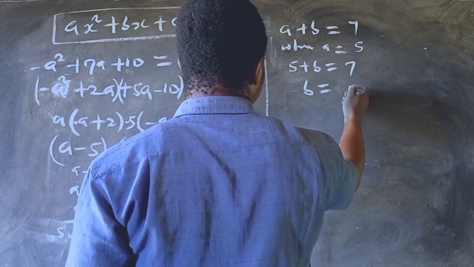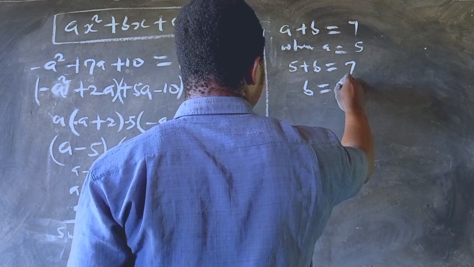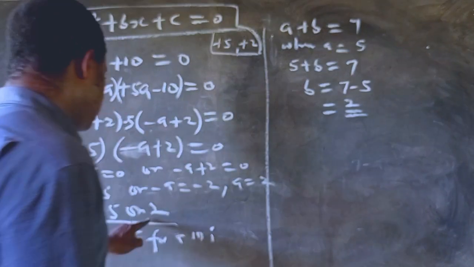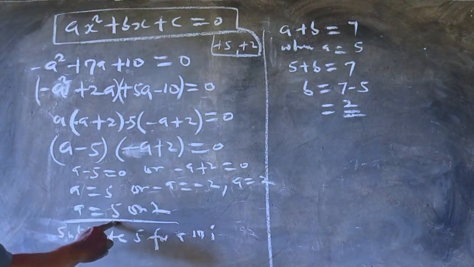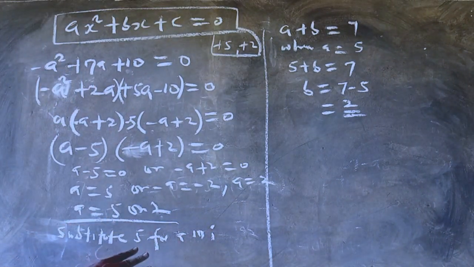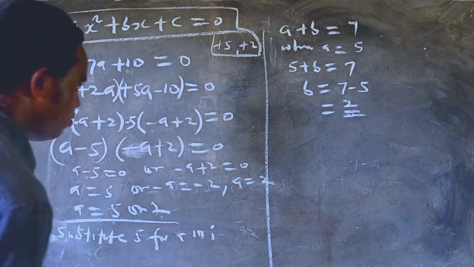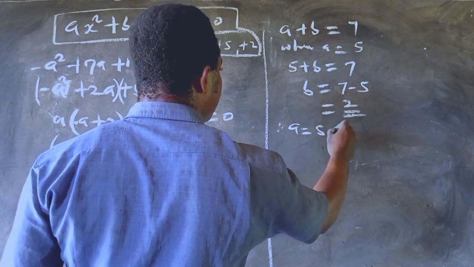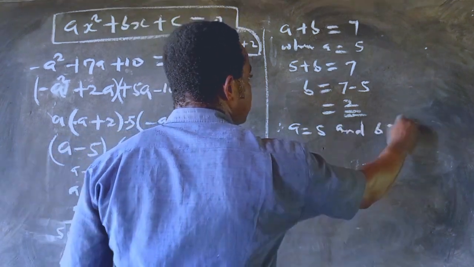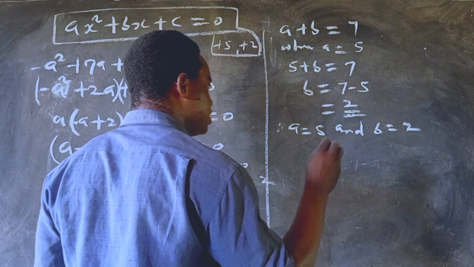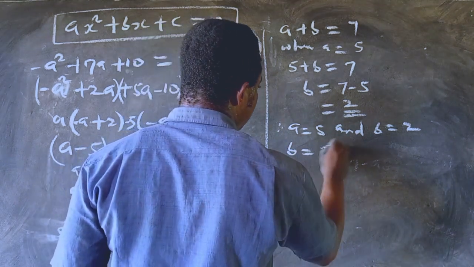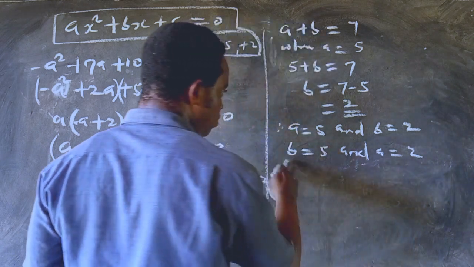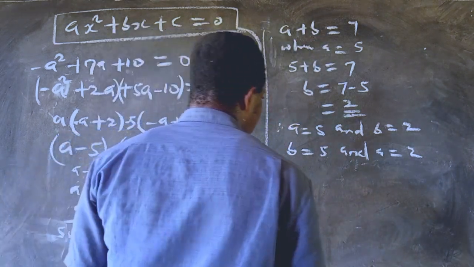And if we subtract 5 from both sides, we have b equals 7 minus 5, which is 2. So you notice that is the answer we get there. You can go on and try the other one by yourself. If you put a equals 2, you would also get b equals 5. So we can conclude now that a equals 5 and b equals 2, or you can also write b equals 5 and a equals 2. Either way, it will yield the same result.